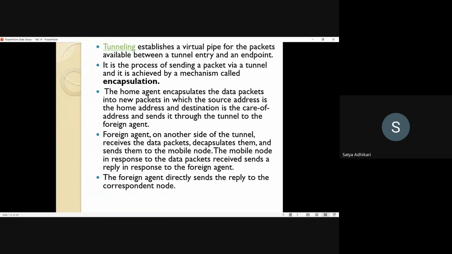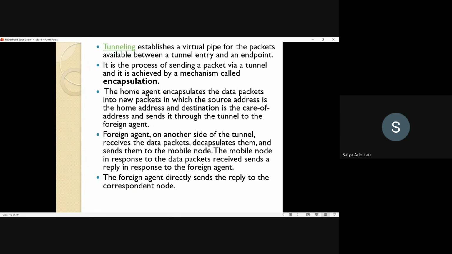It opens the tie that was made by the home agent. After receiving, the foreign agent decapsulates them and sends the data to the mobile node, because the destination address is known.